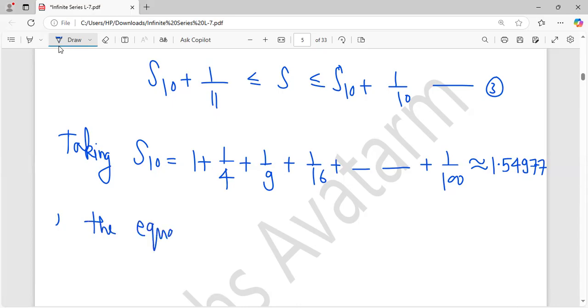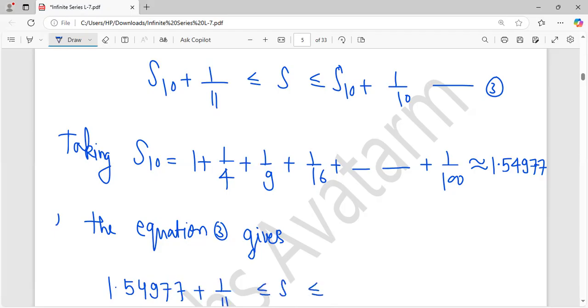Equation 3 gives, you put this value, what is S_10? 1.54977 plus 1 upon 11, and 1.54977 plus 1 upon 10.